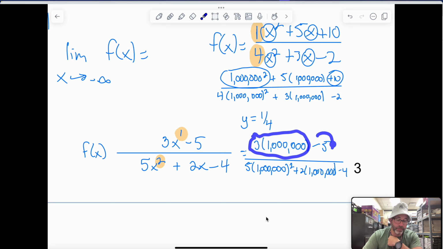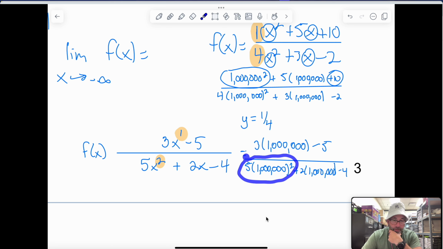If I had $3 million and I lost 5, does that really make a difference? No. That 5 doesn't really make much difference here, okay? When I look at this bottom part and we say, well, we have a really huge number here. Again, we've got 5 with 12 zeros after it. Does $2 million really make much difference? No. Neither is that minus 4.